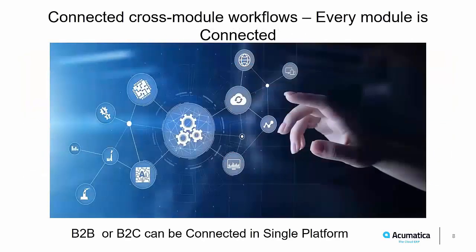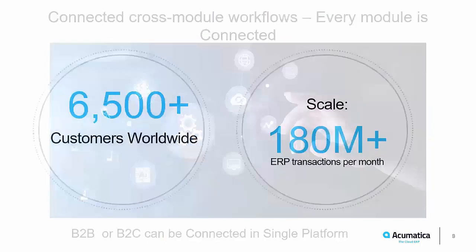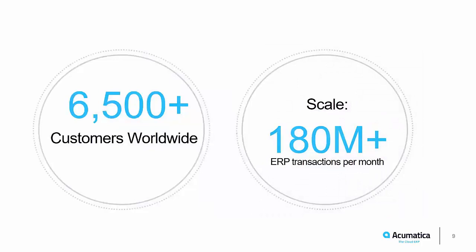When we come to connecting with your customers, all the modules in Acumatica are connected and meant to work together, including platforms outside of Acumatica, where we start talking to our customers in a B2B or B2C fashion, business to business or business to consumer, all connected in a single platform. 6,500 customers currently, as of this slide, which was from the summit 2 or 3 months ago.